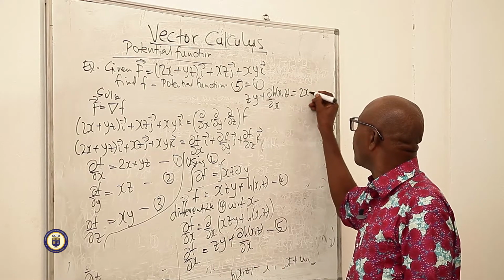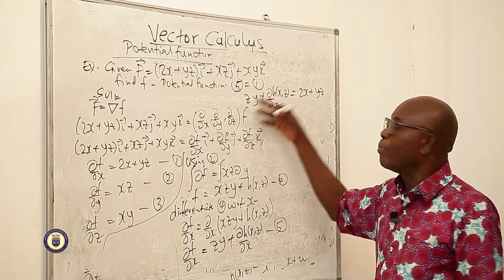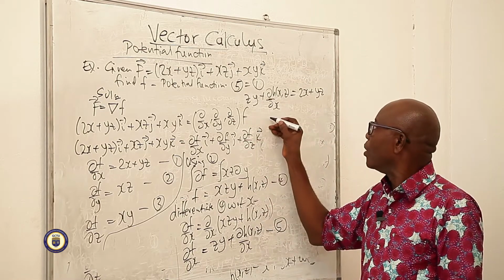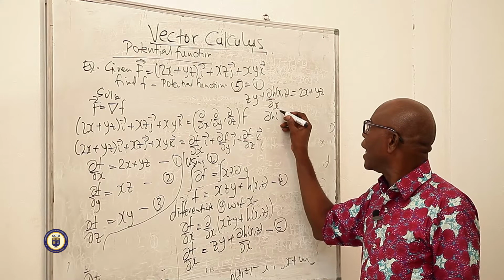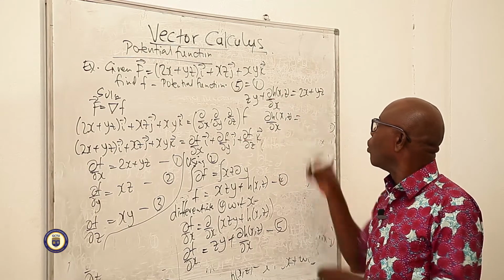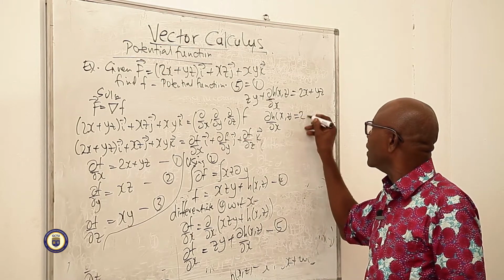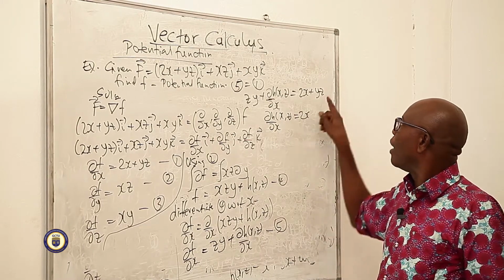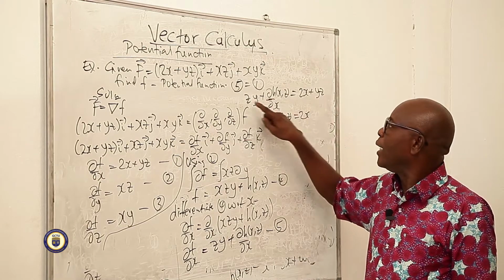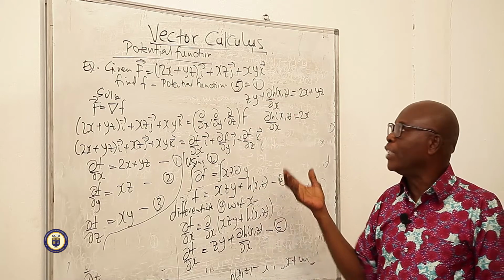2x plus yz. And so if you bring like terms to one side, we have partial h of x and z over partial x. We're going to have 2x here, but we have yz, and zy and yz are the same because multiplication is commutative.